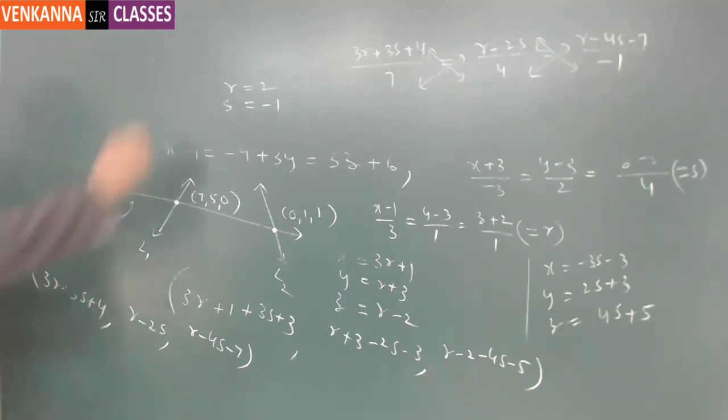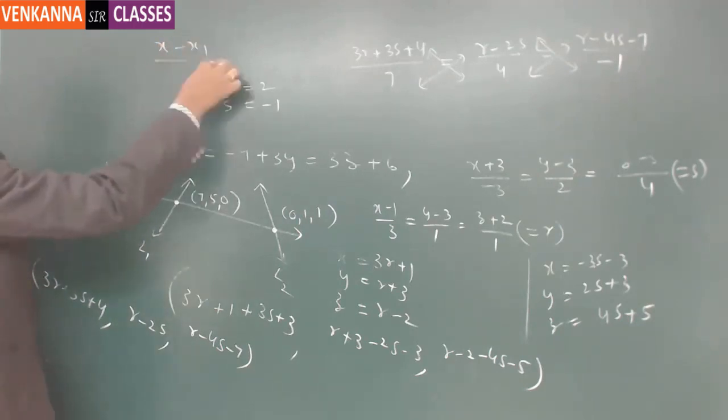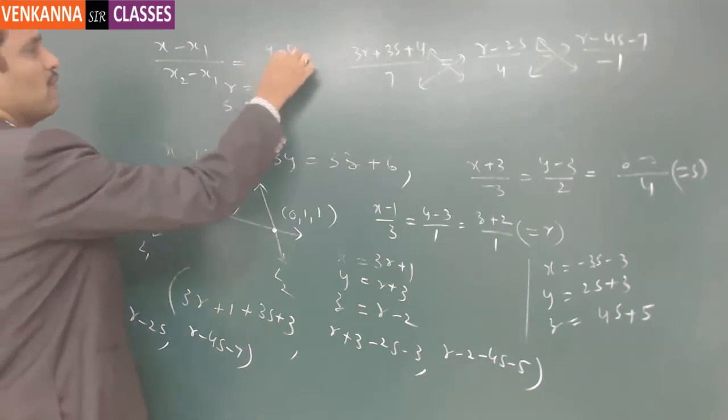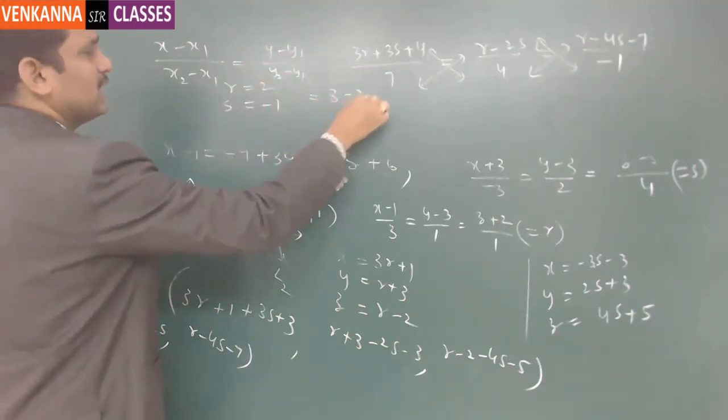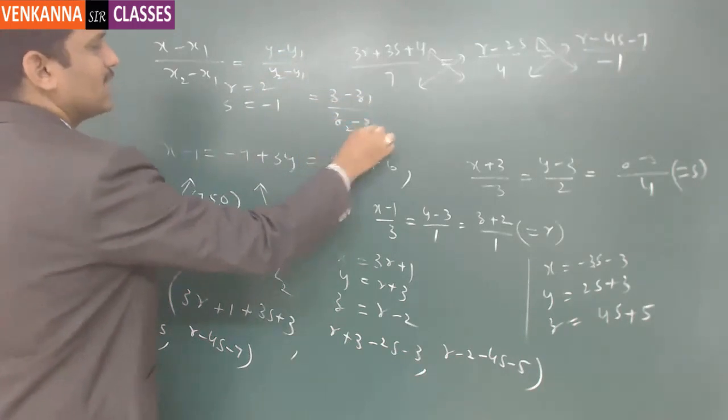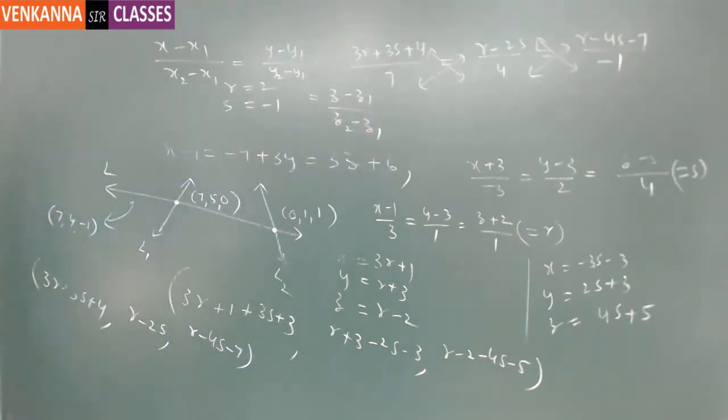The formula is (x minus x1) by (x2 minus x1) is equal to (y minus y1) by (y2 minus y1) is equal to (z minus z1) by (z2 minus z1). So you know the 2 points on the required line. Using this formula, you will get the required line equation. That was the procedure.